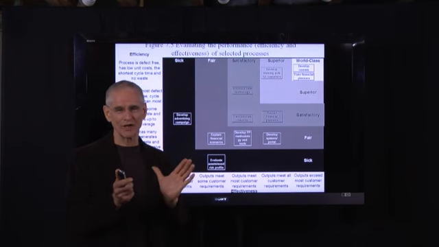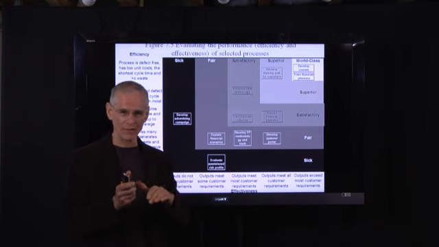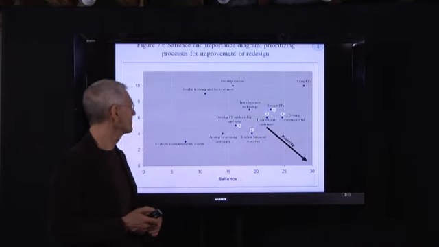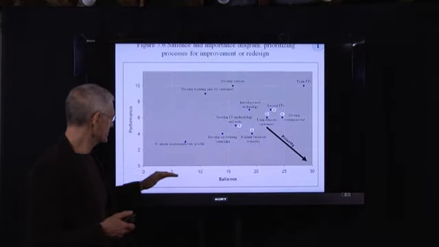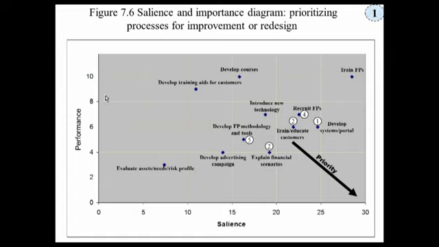So let's put these two dimensions together. Performance, salience. Salience, as measured by the two dimensions earlier, impact on strategy and impact on customer, and performance, impact on efficiency and effectiveness. You would like, as a priority, to pick very salient processes that display a very poor performance. So these would be 5 potential processes to improve.